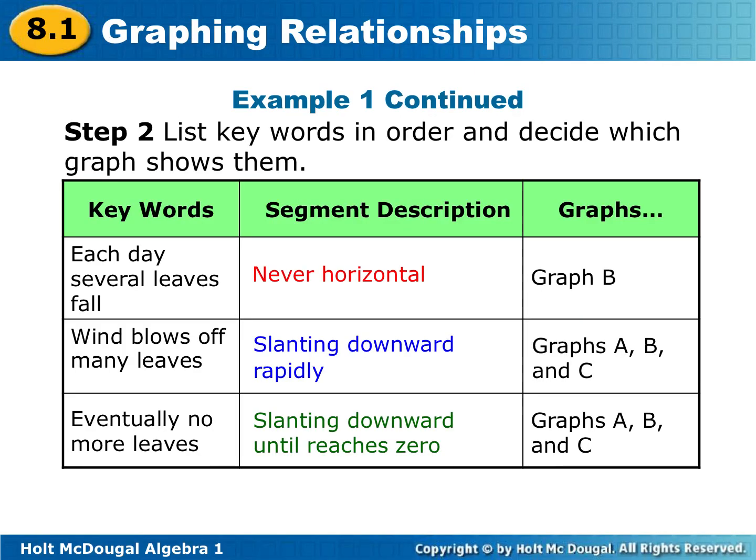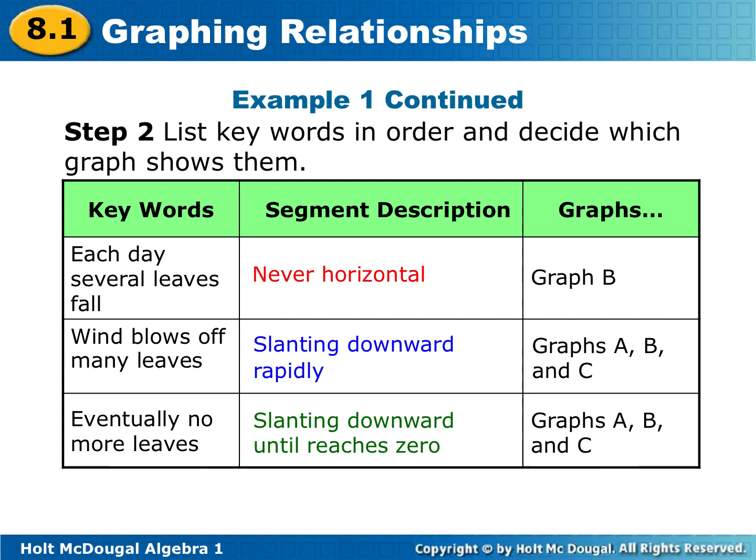All right. Now, step 2 is you want to list keywords in order and decide which one the graph shows. So, from the description, here are some of the key words. It says, each day several leaves fall. Well, that means that the graph is never horizontal. It's always constantly moving down. That is a key word. Okay?